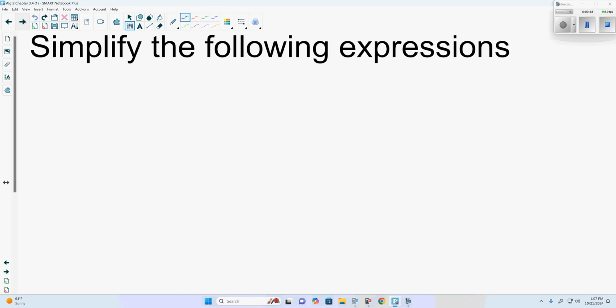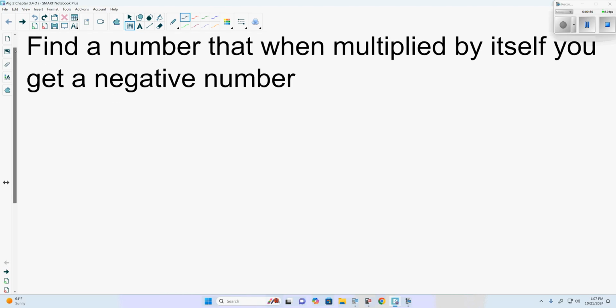So we're looking for a number. So let's just imagine some number, when multiplied by itself, gives us negative 1. Because what we're saying is this imaginary number, i, when I multiply it by itself, we should get negative 1. So if I wanted to find i, we could take the square root of both sides.